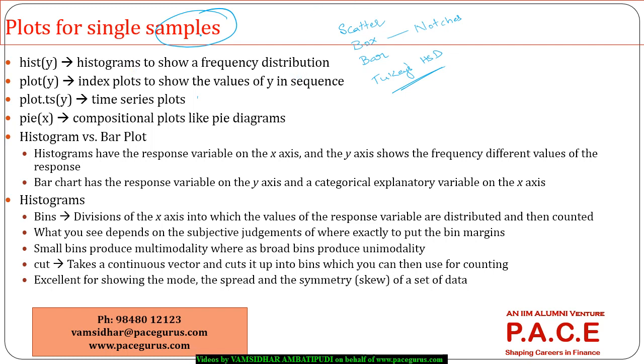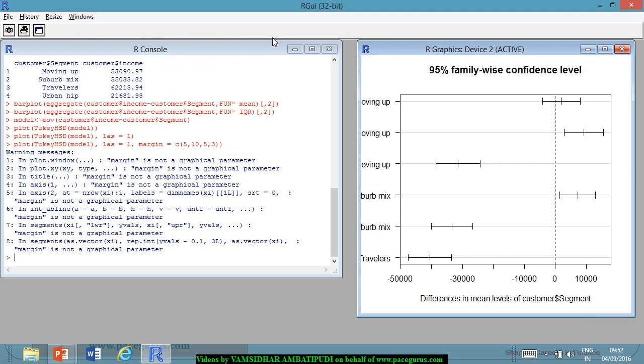Now, if there is only one variable, the first thing that comes to my mind is the histogram. Especially this variable needs to be a quantitative or continuous variable. So it's a histogram, which is primarily showing the frequency distribution.